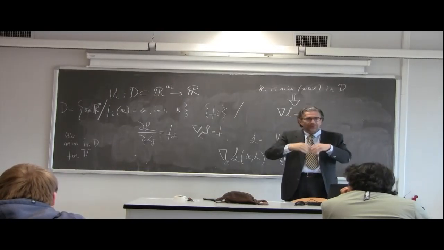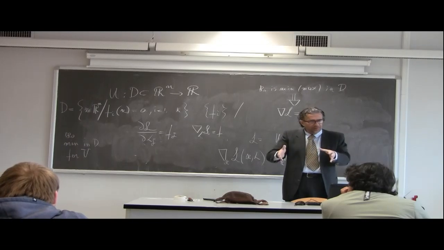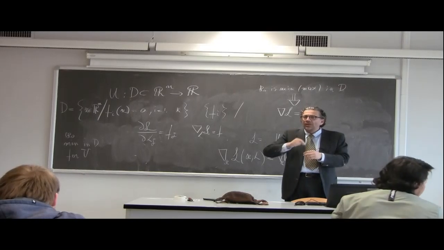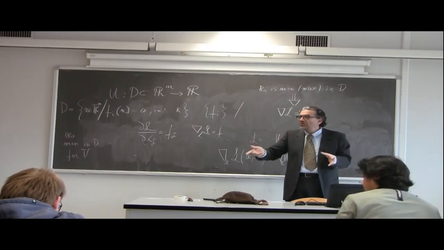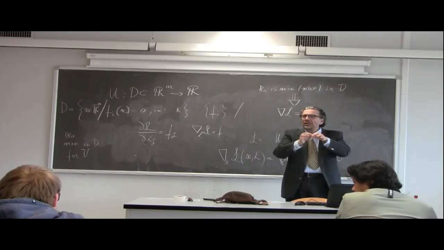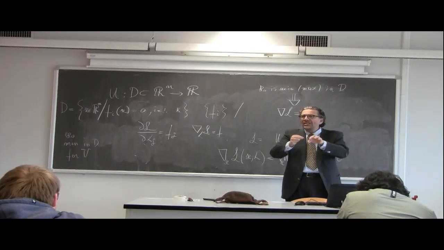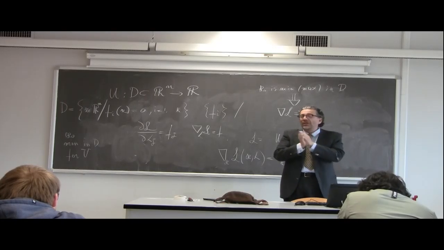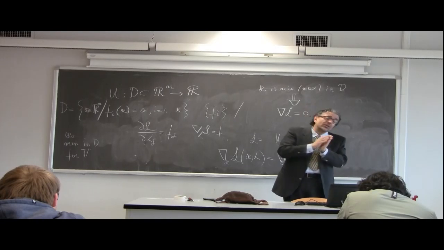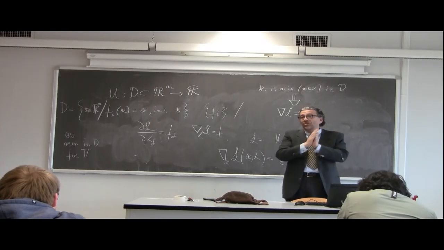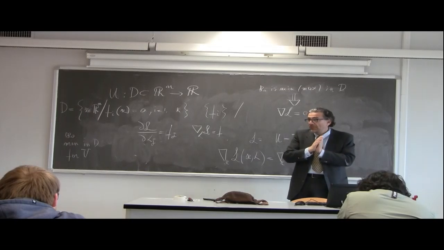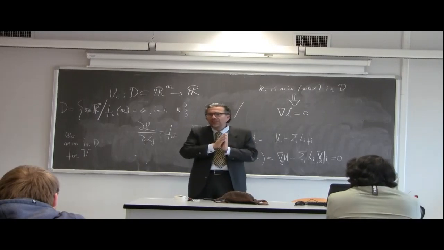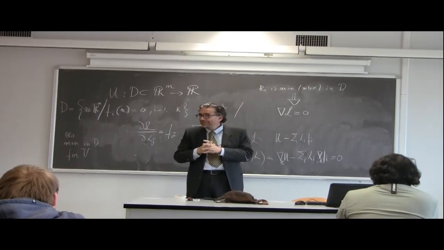Think, I repeat, always of the sphere. The equation of the sphere is x squared plus y squared minus r squared equals 0. Locally, at every point of this sphere, you can represent either x as a function of y or y as a function of x. You cannot always represent x as a function of y or vice versa. But locally, one of the two can be represented in terms of the other.